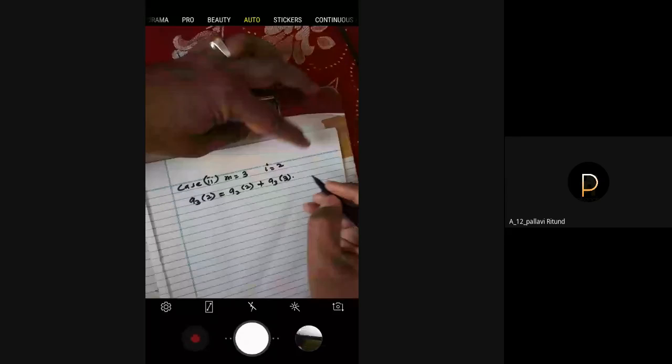Then what will the equation be here? a3 of 2 is equal to a2 of 2 plus a3 of 3 into a2 of 1.